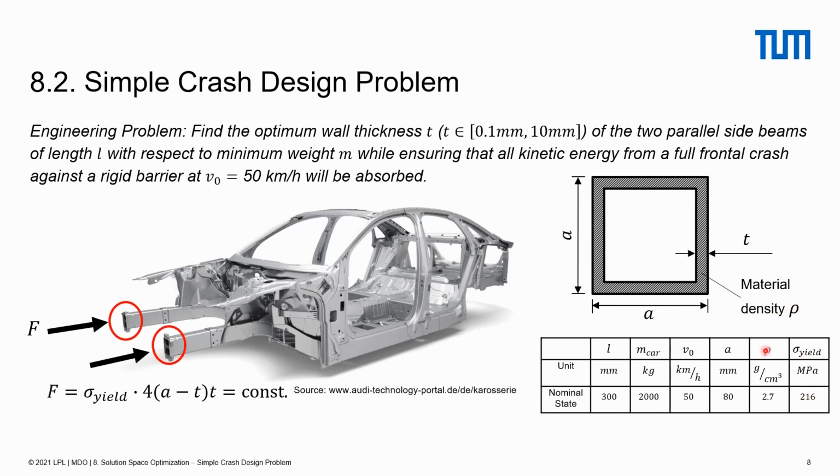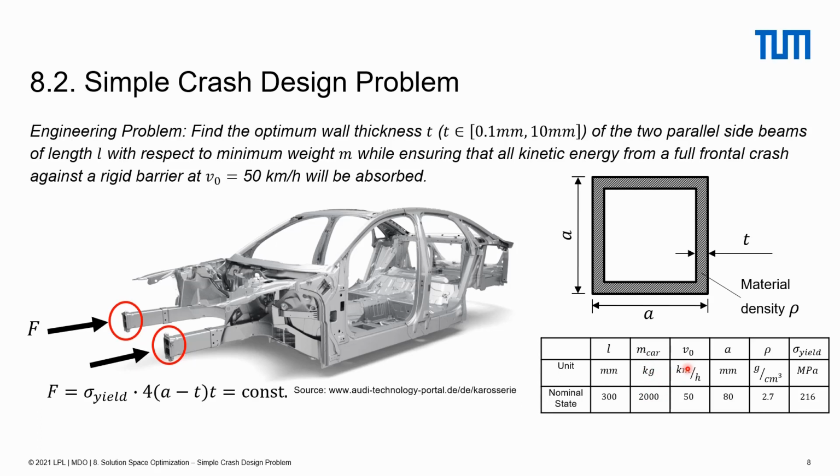In this table, the parameters of the geometry and the material are listed. The first is the length of the side bins, 300 mm. The weight of the car is 2000 kg.